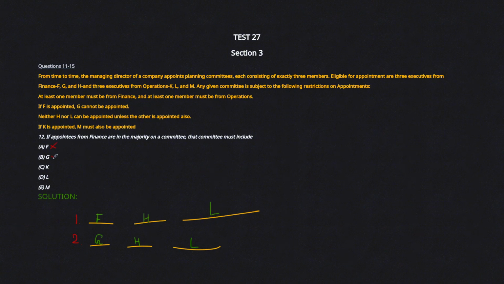Same case for G, crossed out. K, no, we can't have K here. We can have L. Yep, L is present in both cases. So I'll just keep it for now. And M, yeah, we cannot have M. So the only option that matches the condition and that must be present within that committee is L. And in the options we have L. So L is the rightful answer.